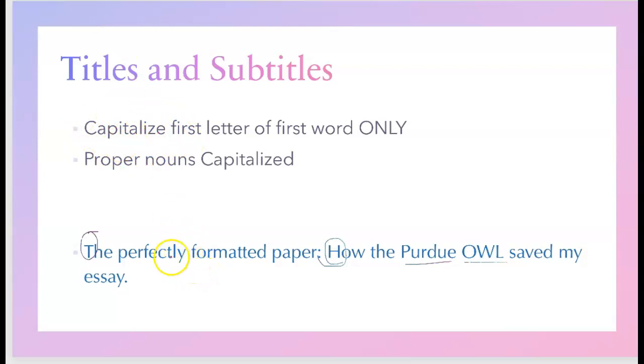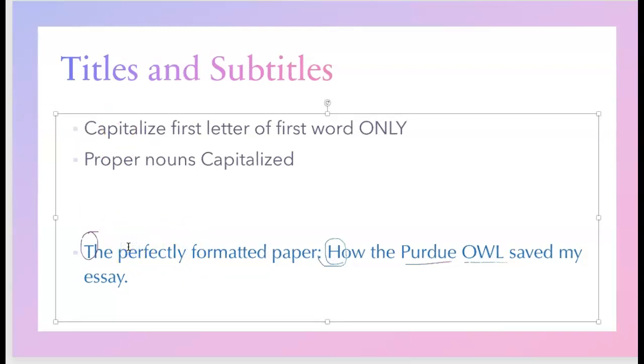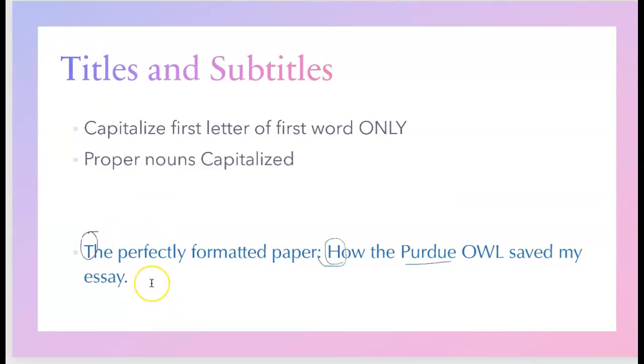And say, for example, if your generated citation looks like this, that's the title, but you need to go in and manually change the title to look like this. So keep that in mind.